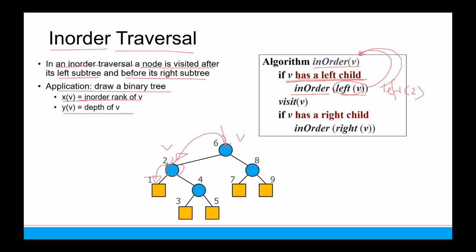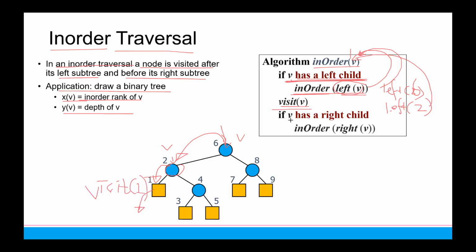Yes, so we do in order left V again. The first is left of 6, and then the next is left of 2. After we have left of 2, check again: 2 has a left child, and now left of 2 is 1. Does 1 have a left child? No, because there is no left child. Then we visit V. So first is visit 1.